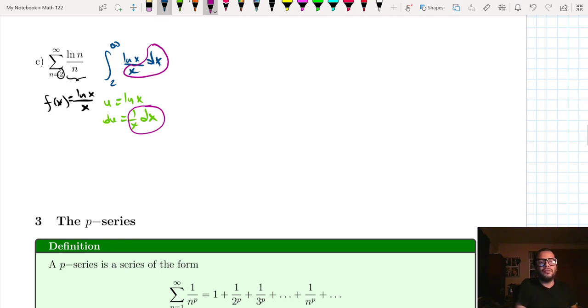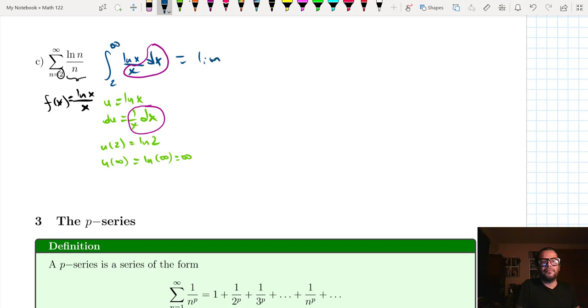Of course, we need to replace the limits in terms of u. U of 2 will be ln of 2, and u of infinity will be ln of infinity, which is still infinity. That way we don't have to do a back substitution, but if you want to do it the other way around, that works.